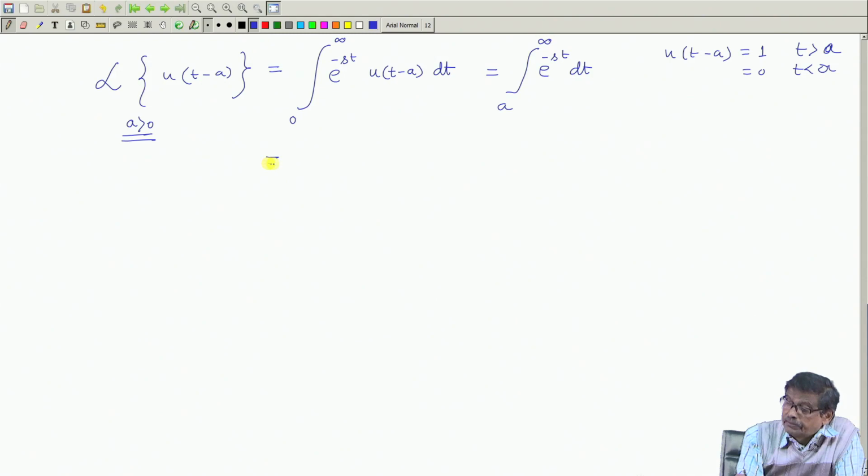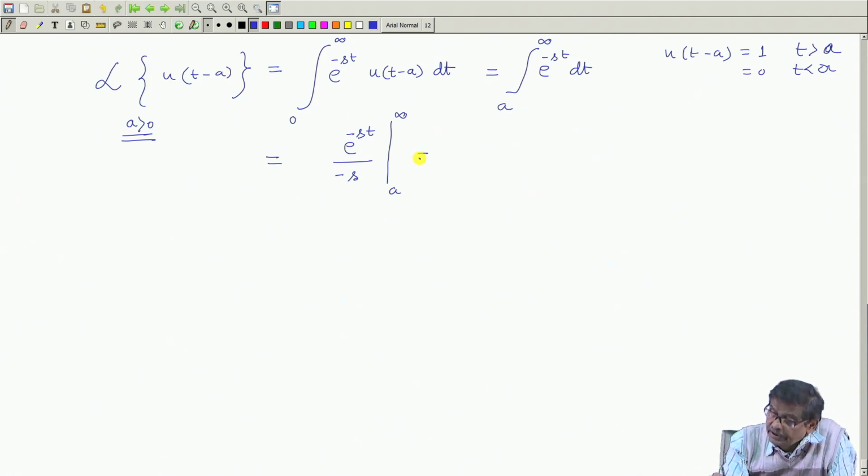So, this will be equal to e to the power minus s t divided by minus s, with limits a to infinity.